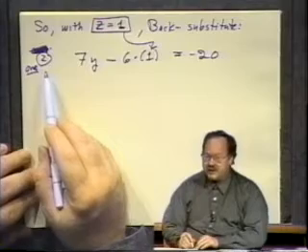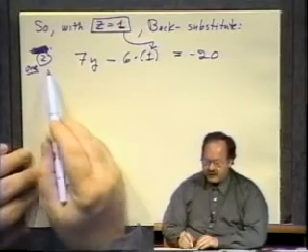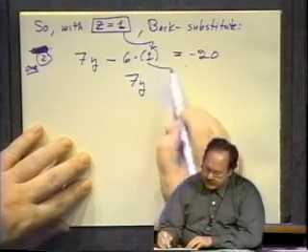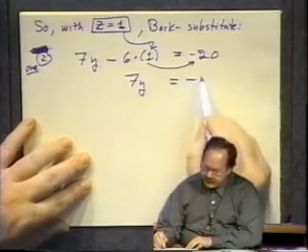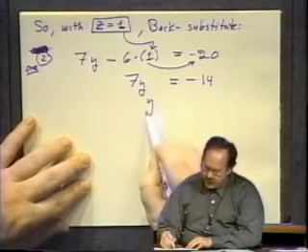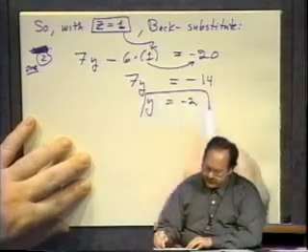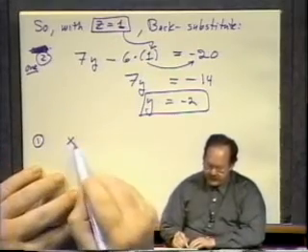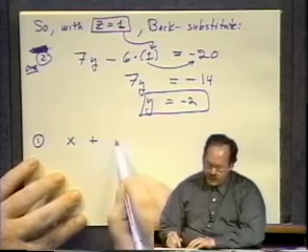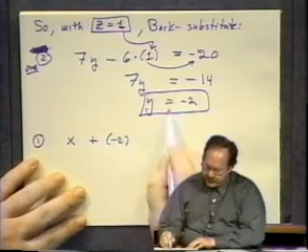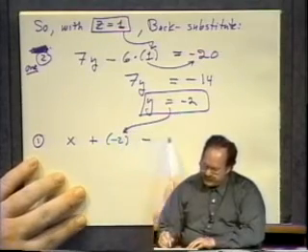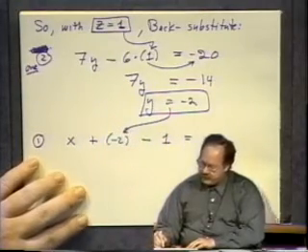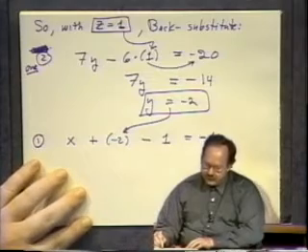Remember, you can substitute into any one of them you like. So I picked the one that was simplest. So I get 7y here, because I'm bringing this over to that side, equals minus 14. And so y then is minus 2. So I have z and y. I go back to 1, and that is the original 1. x plus y, which is minus 2, that comes in here, minus z, and that's where the z comes in, equals minus 1.